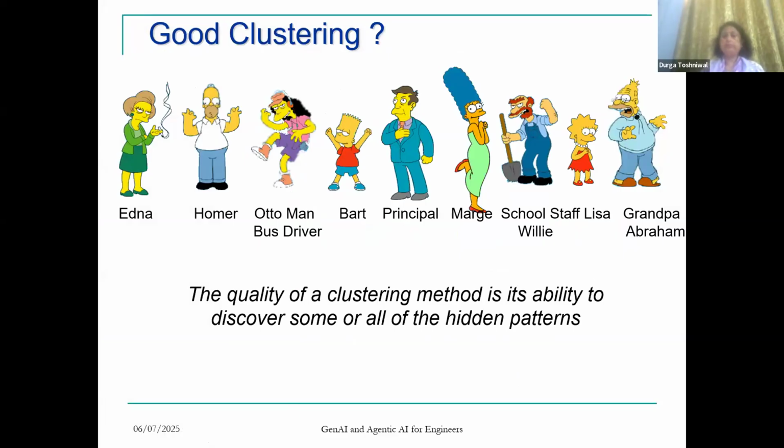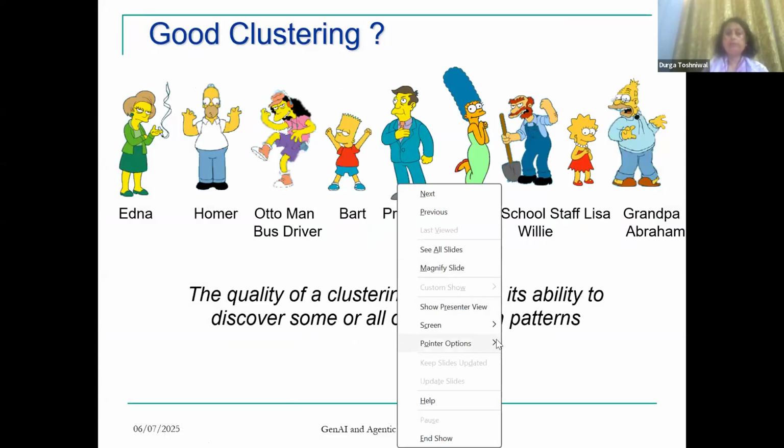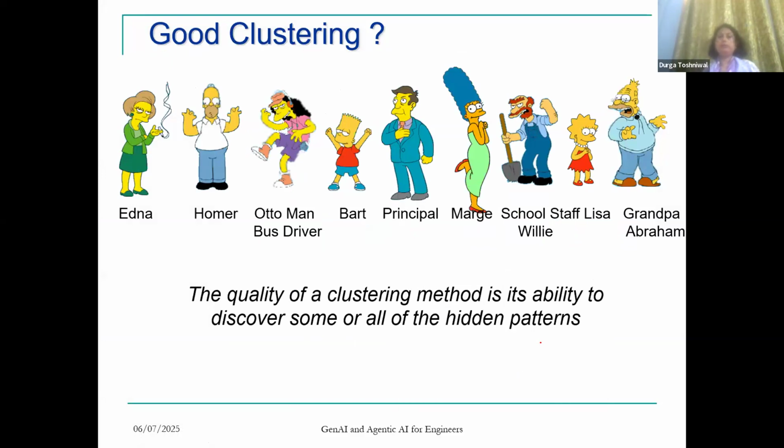So now the first and foremost thing that we should know about any particular clustering method is for us to be able to decide. Remember, we are not exactly grouping the data. We are trying to identify the natural groups from the given data. We are not forming artificial groups.